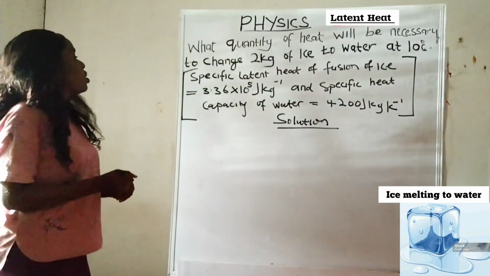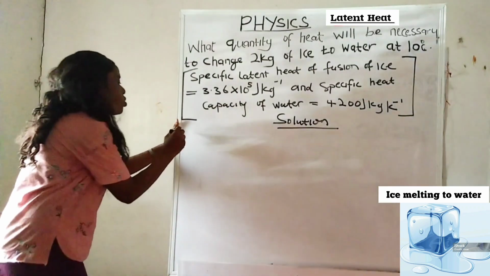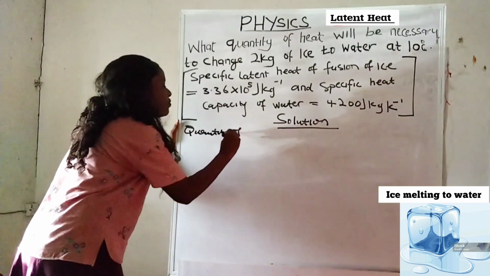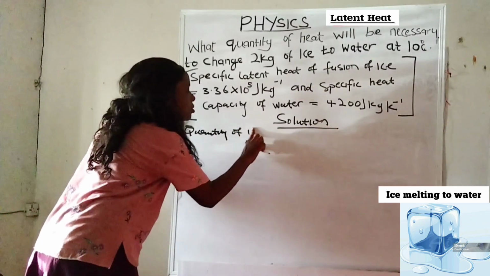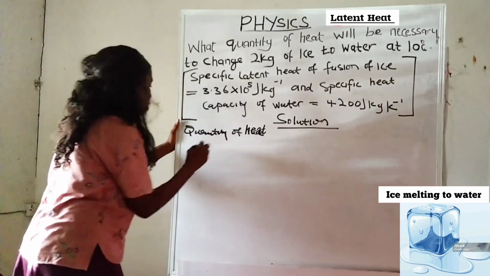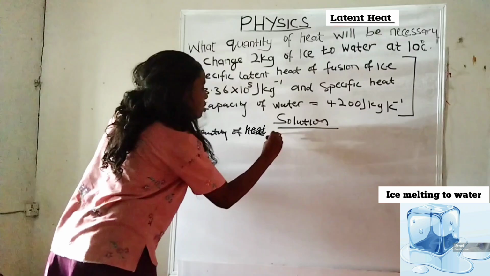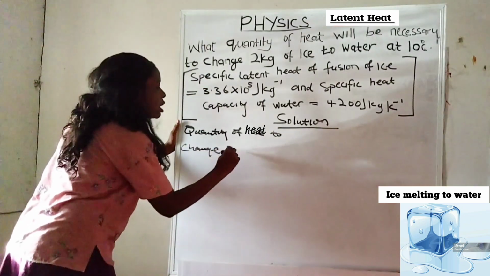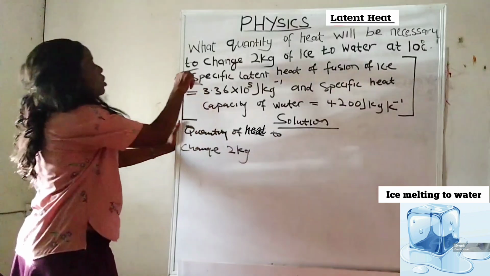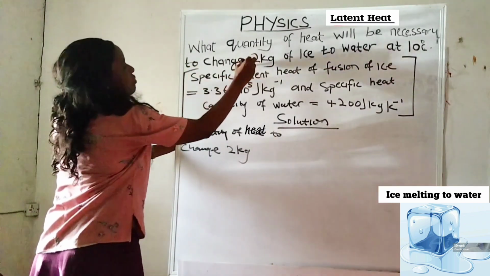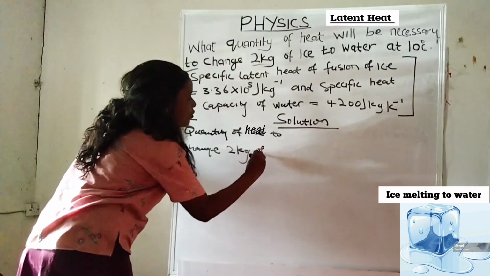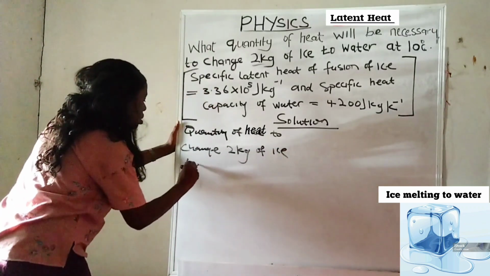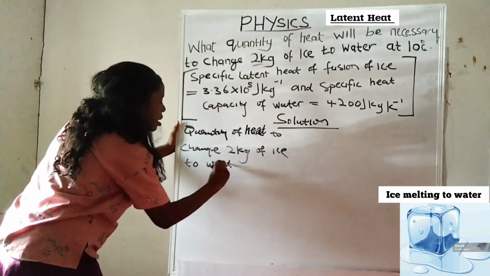So I will write: quantity of heat to change these 2 kilograms of ice to water.